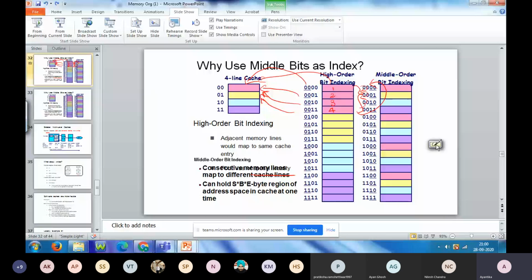This pink, then the next pink, are widely separated. Now, if you execute your loop, what will happen? Instruction 1 is present in 0000, maybe, instruction 2 in 0001, instruction 3 in 0010 and 0011, but they are all mapped to different cache blocks.